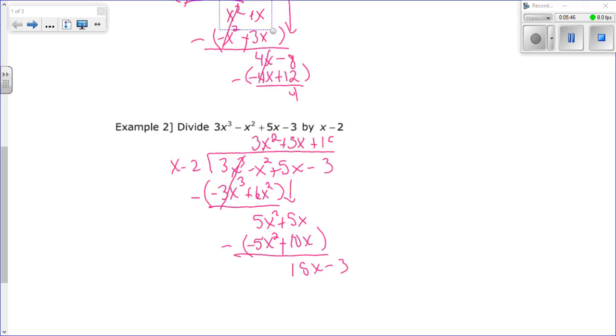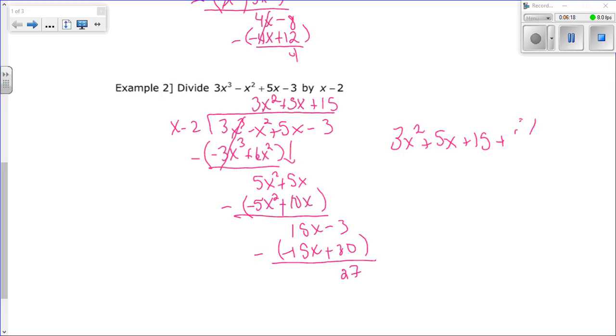Well, that is 15. So 15 times x is 15x. 15 times negative 2 is negative 30. And then I'm going to subtract, change everything to its opposite, and I'm left with 27. So my answer is 3x squared plus 5x plus 15 plus 27.